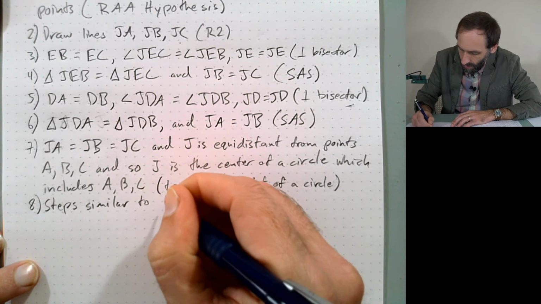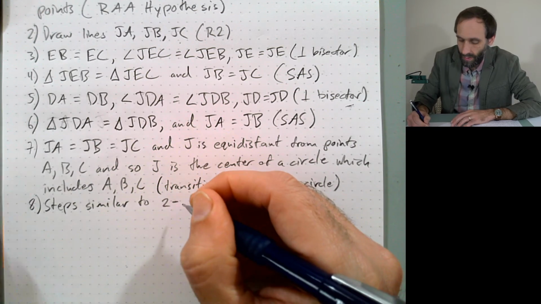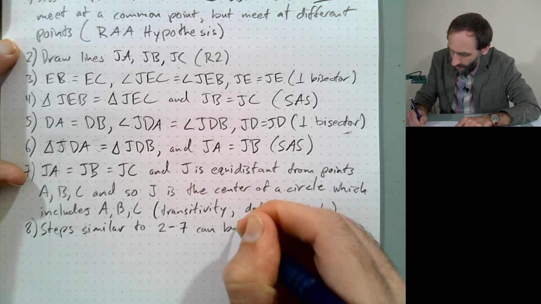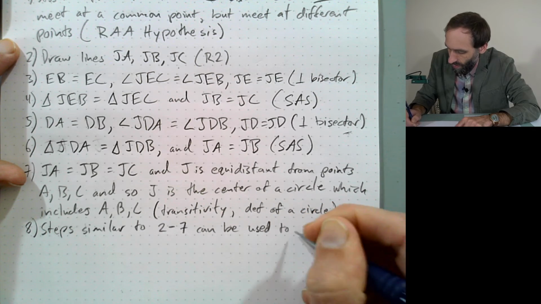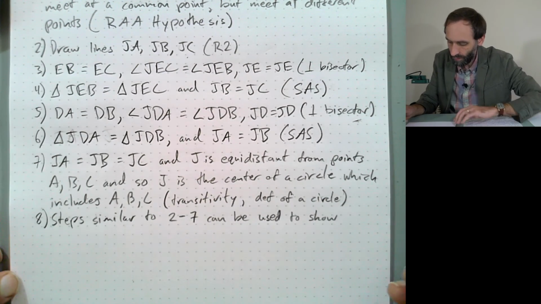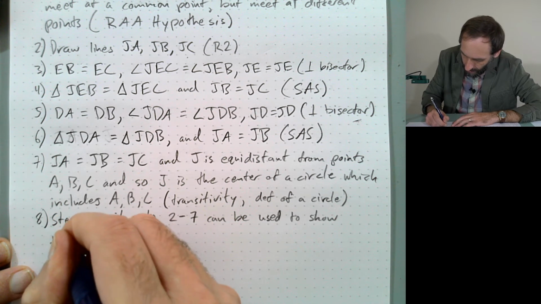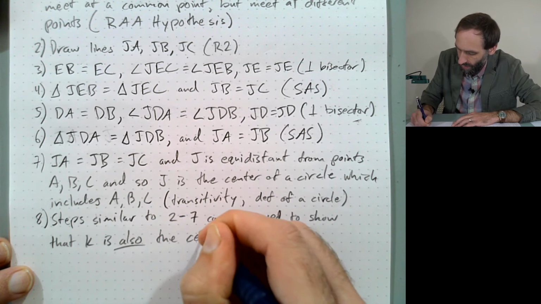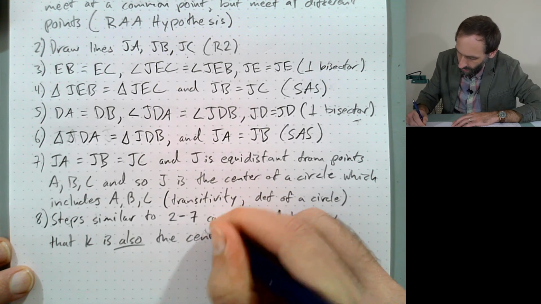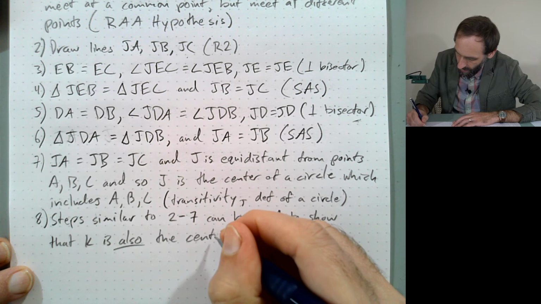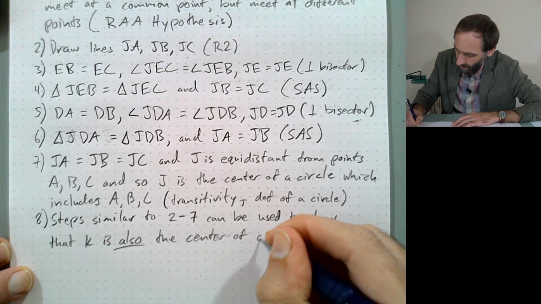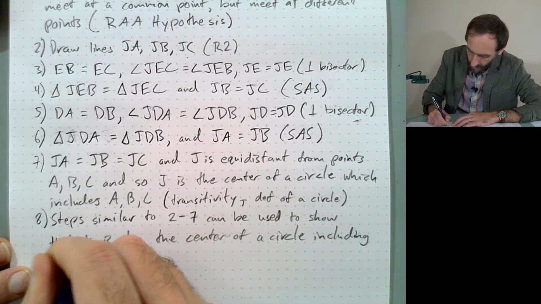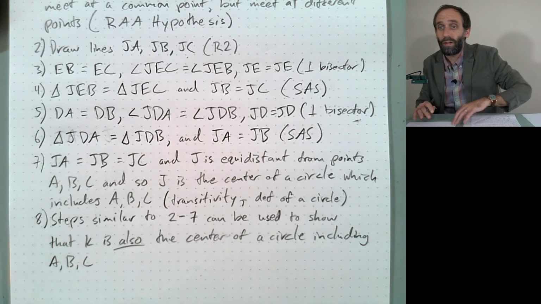Steps similar to 2 through 7 can be used to show that K is also the center of a circle including A, B, and C, the three vertices.